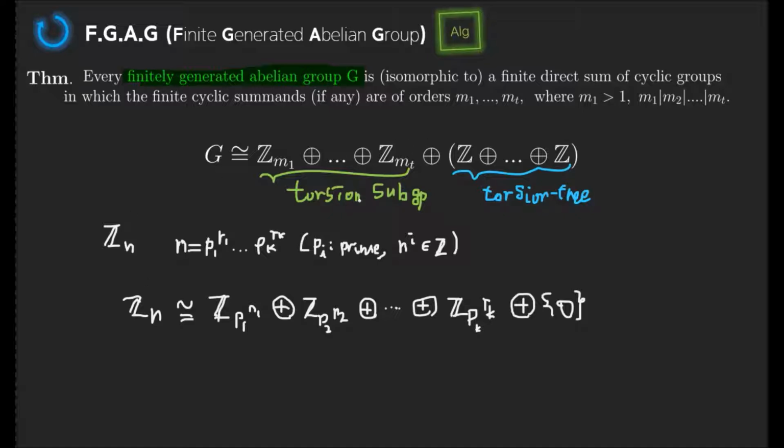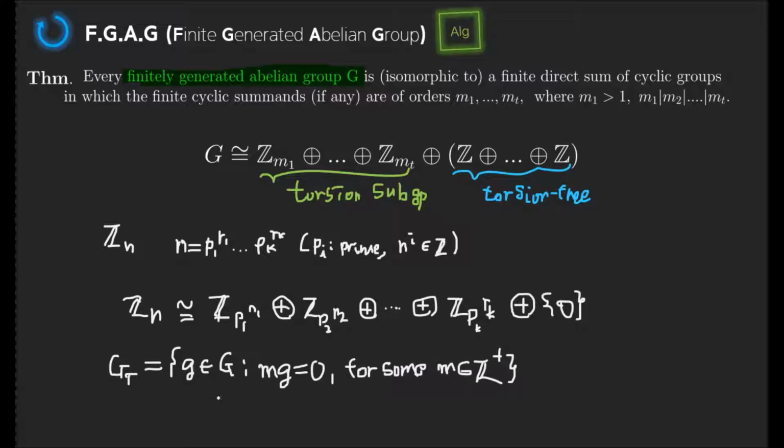Another remark is the definition of the torsion subgroup and torsion free. The torsion subgroup G_T means the collection of the group elements g such that mg is equal to 0 for some positive integer m.